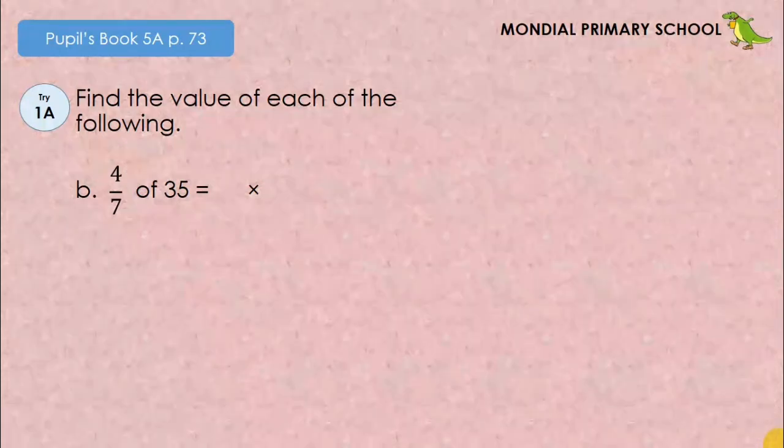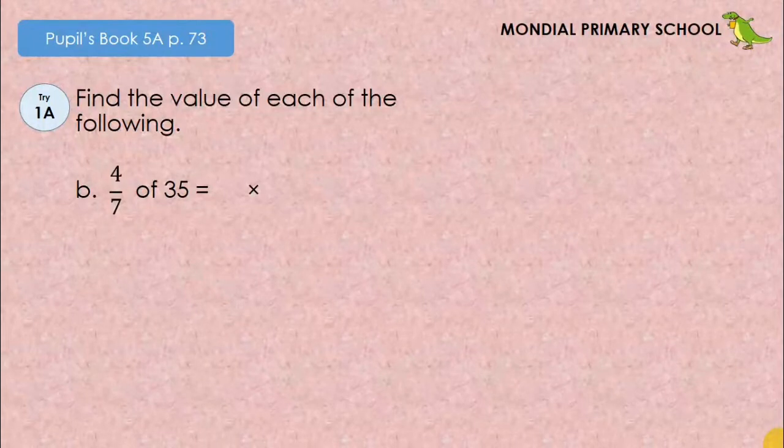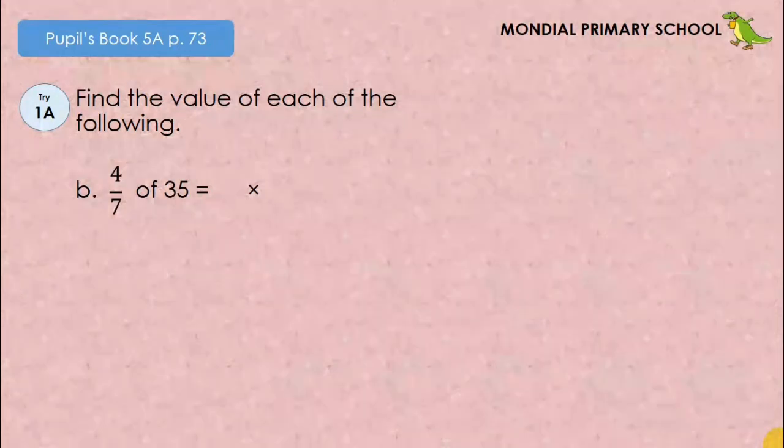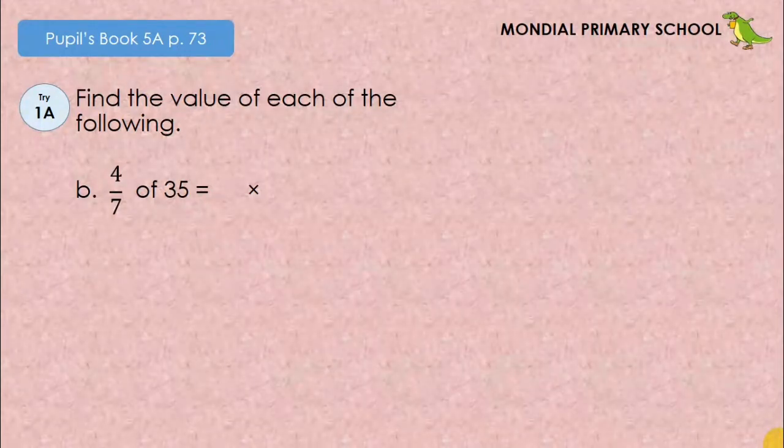Of each of the following. Now, we are going to discuss part B. 4 out of 7 of 35. It means 4 out of 7 times 35.